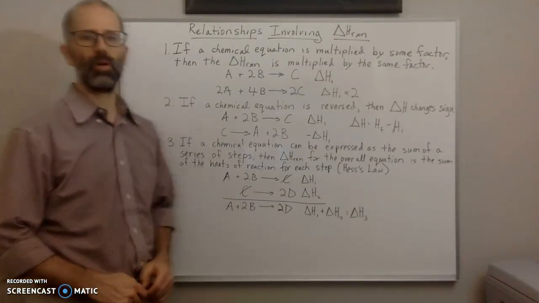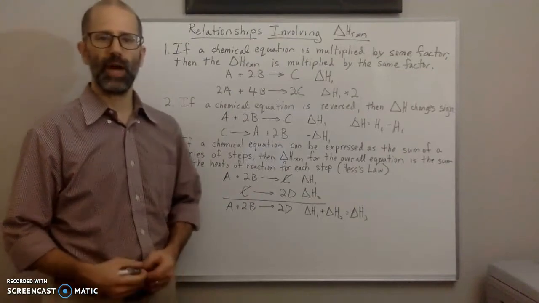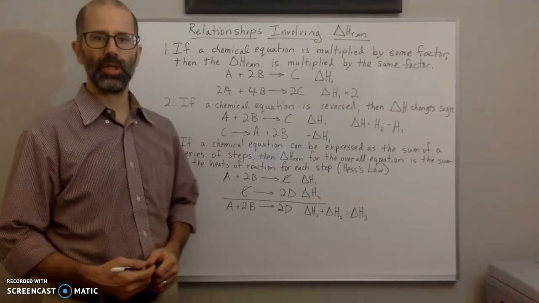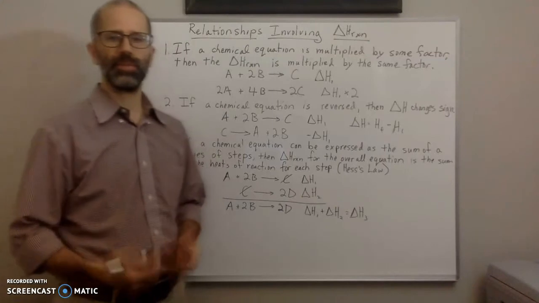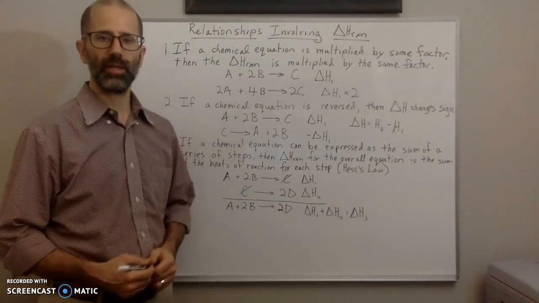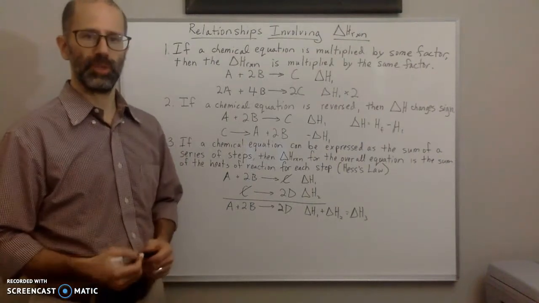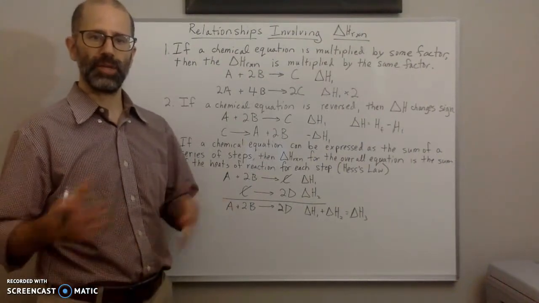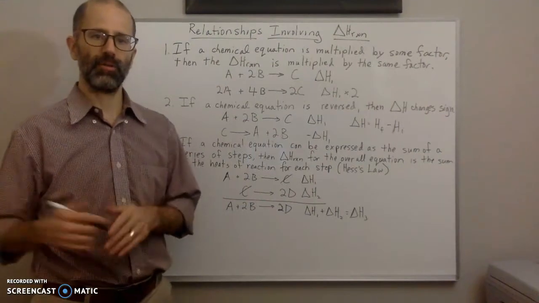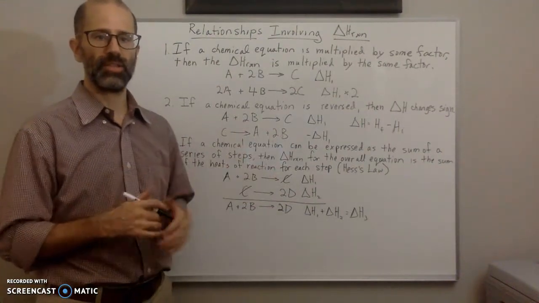My name is Mr. Koval, and today in this video I'm going to be going over the different relationships that involve the enthalpy of a reaction. In previous videos we talked about how there's a relationship between the enthalpy of a reaction and the equation itself.